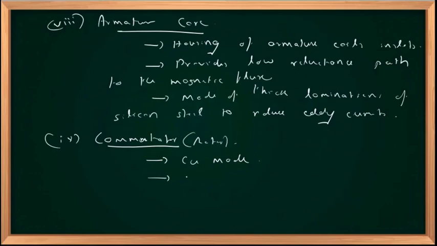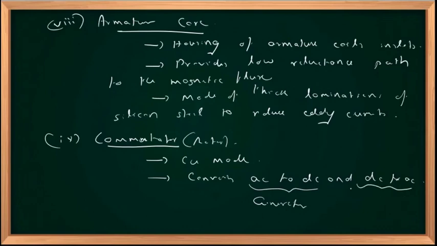And the main purpose of this commutator is that it converts AC to DC and DC to AC. For generators, the induced EMF will be converted to outward direct current DC. So this is the case for the generator. And for motors, we are giving the electric energy, right?